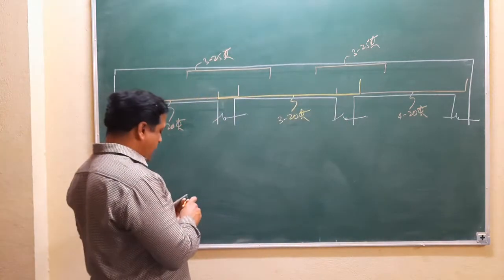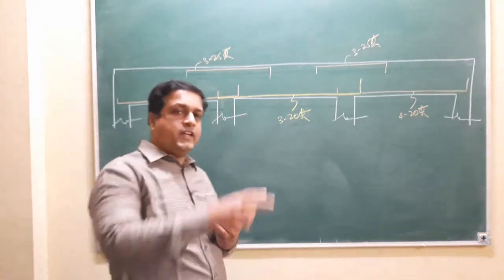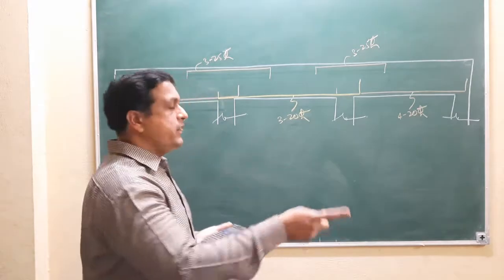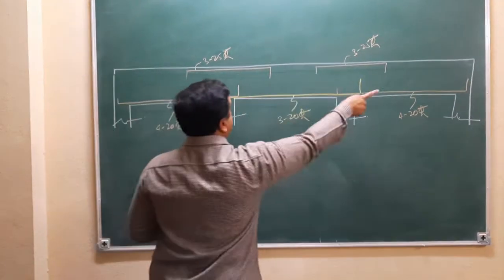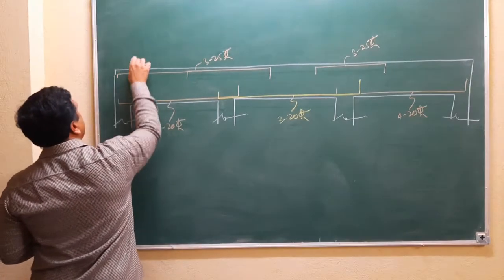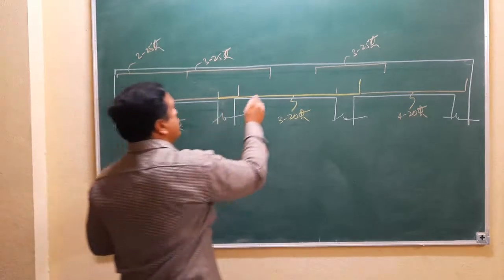Okay. Now you have to provide the shear reinforcement. For shear reinforcement, there is a requirement of 2 minimum bars running at top from one end to another end, from this end to this end. So you have to extend the 25 mm bar. Okay, so 2 bars of 25 mm tall at this location.